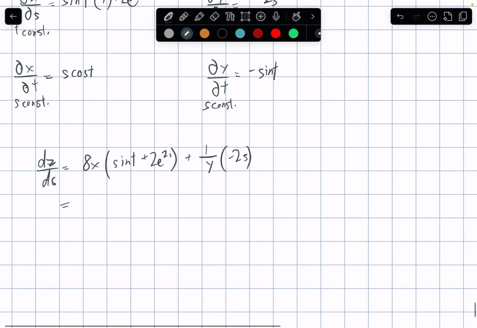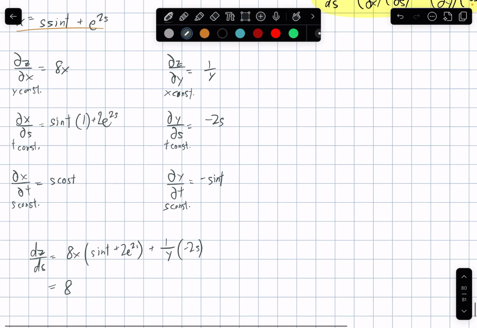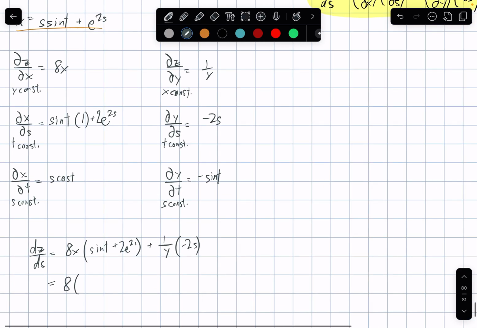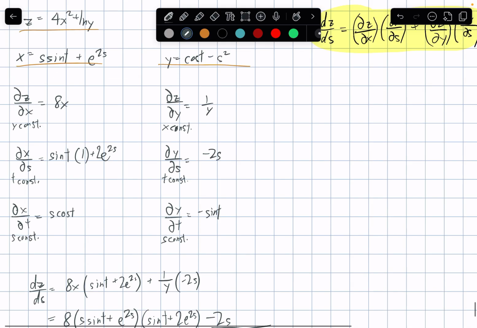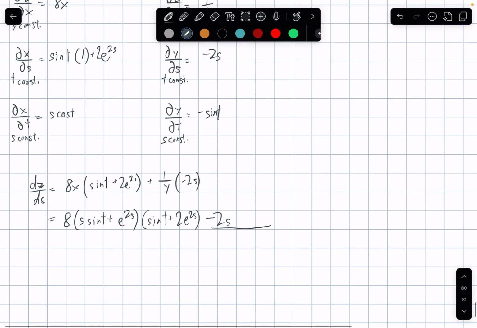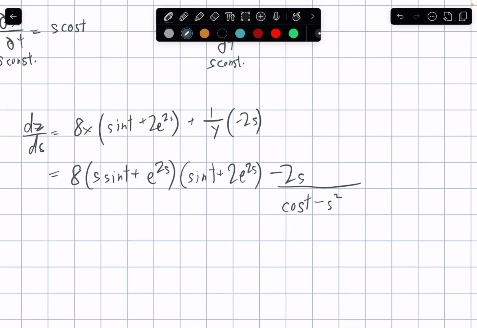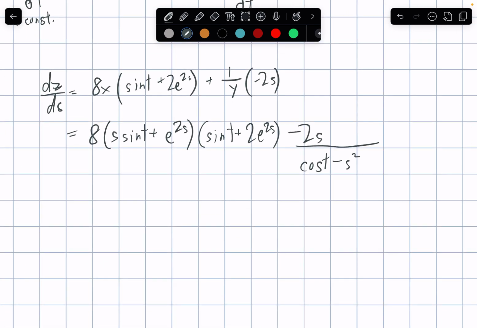Then now let's substitute. What is our x? s sine t plus e raised to 2s. And then just copy. y is cos t minus s squared. And then we simplify.